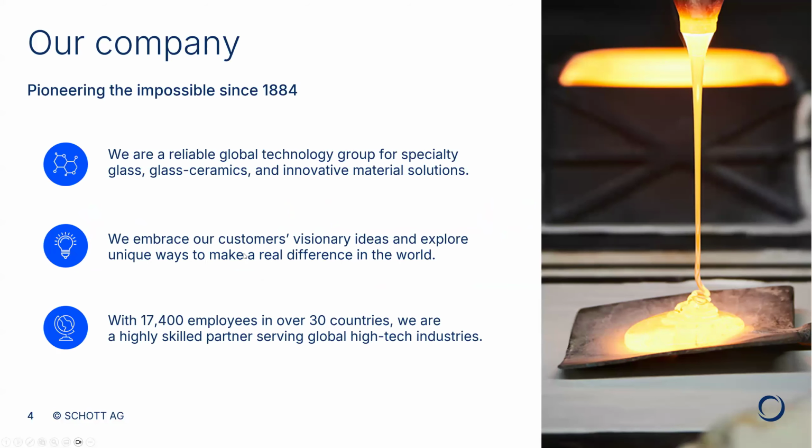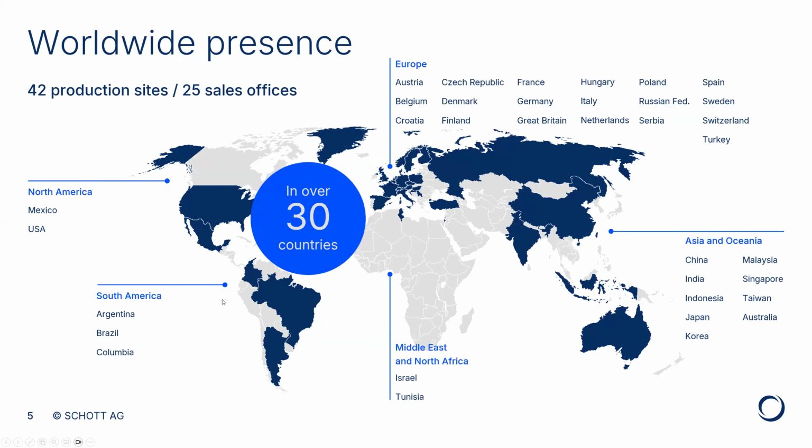So about SCHOTT, we are a specialty glass maker headquartered in Mainz, but with around 17,000 employees around the world. So spread all over the world in terms of production, in terms of research and development. We have centers in North America and in China.